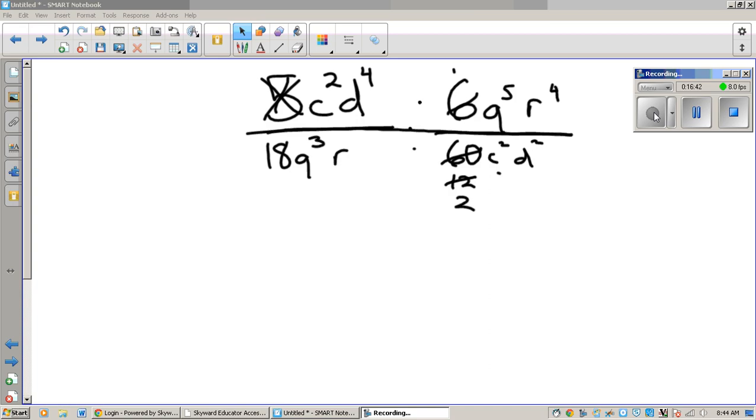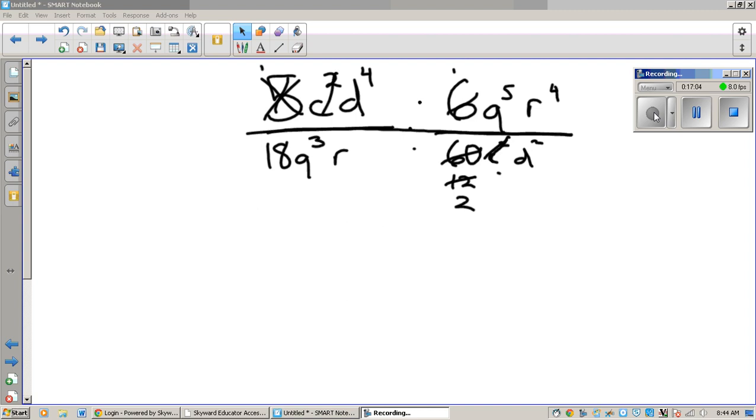And I couldn't simplify anything else because all my whole numbers on top are 1. If you wanted to, you could have simplified 18 and 6 instead. The 6 goes into 18, that would have been 3, but it doesn't matter, you'll still get the same answer. Then I look to see, are there any C's?